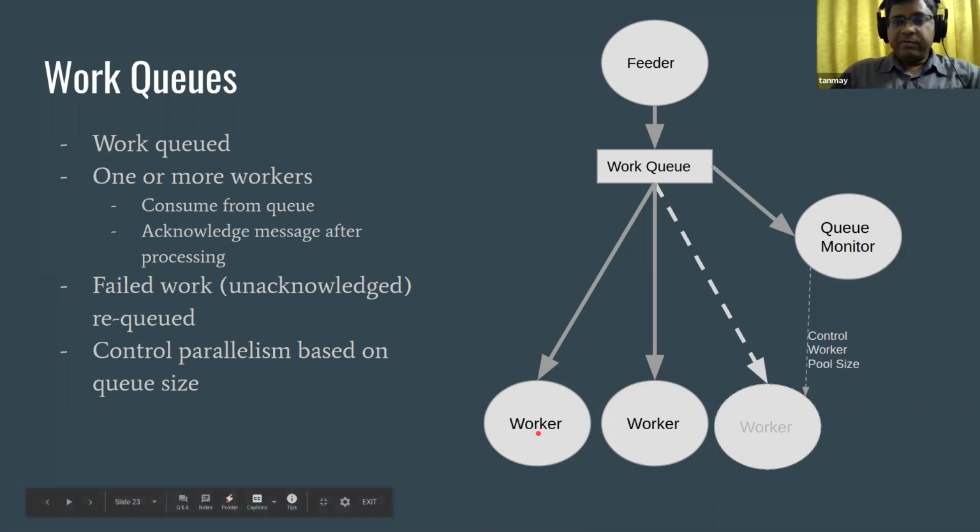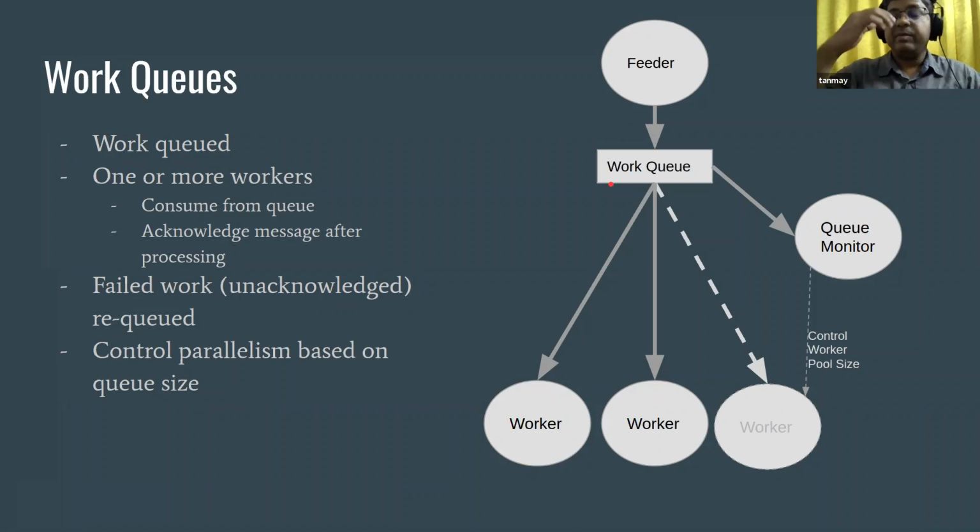Now, if a worker process gets killed, dies while processing a message, it would not have acknowledged that message. So if the message is designated as persistent, it will be resent to another worker. So that's how there'll be reliability in the work queue.